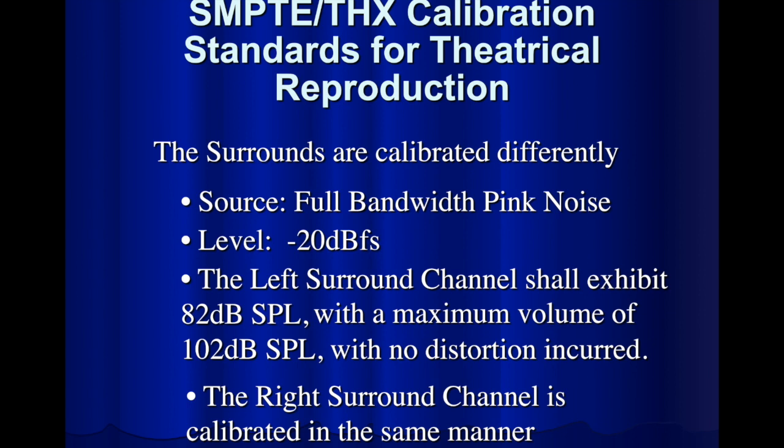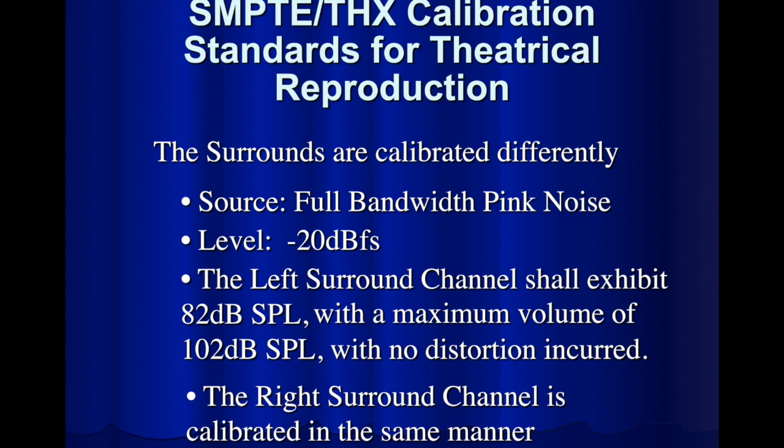And the reason for that is because we hear differently at different levels. And generally speaking, a home theater is not played as loudly as a commercial theater. So we bring the level down. You probably remember the Fletcher-Munson curves and how our ears hear, how we perceive sound.